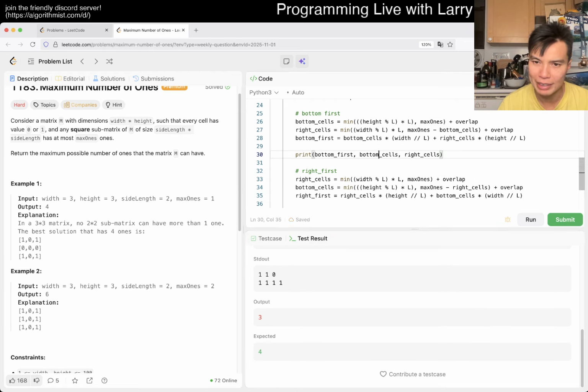Okay, so right cells is definitely not right. But it has overlap, so why? Height, is this part right?